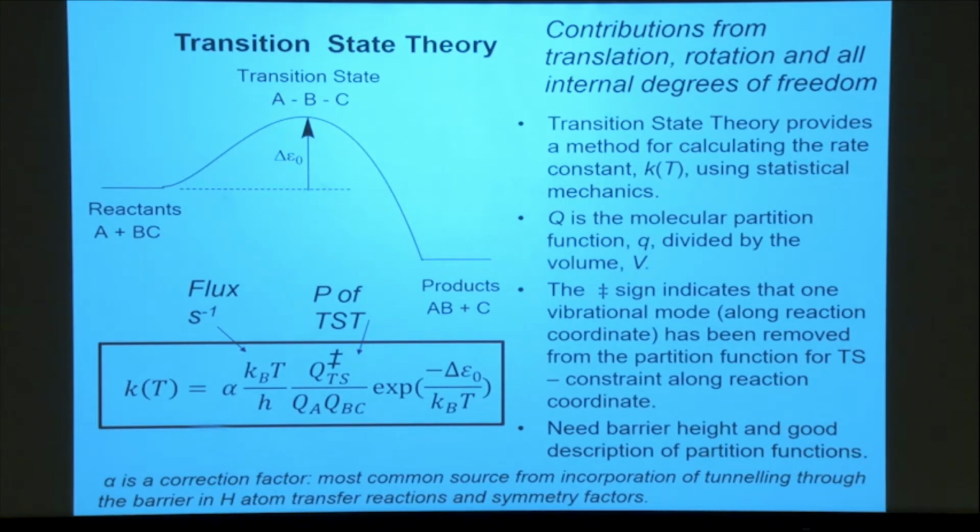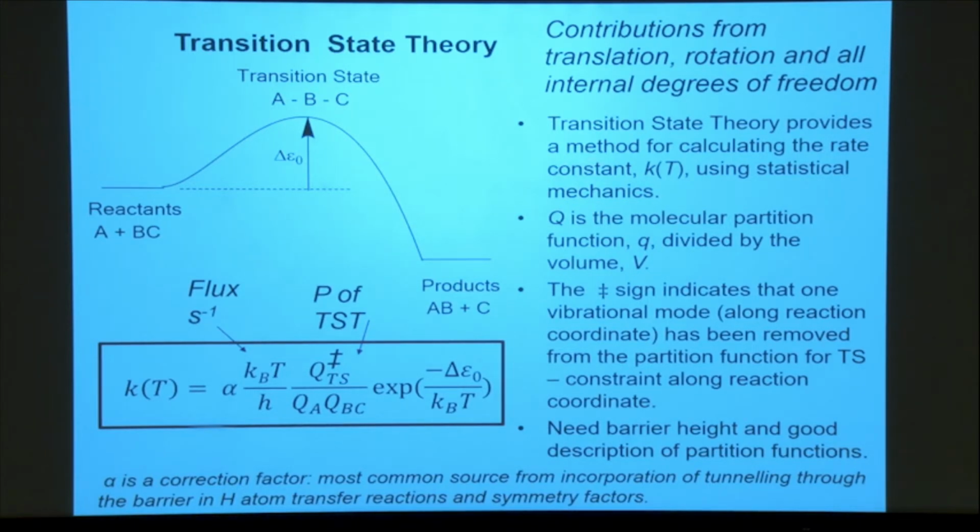So this is a schematic of a reaction between reactants A plus BC. We're forming the activated complex at the transition state, and then we've got a flux going over to products AB plus C. We're going to have contributions from all the internal degrees of freedom, including translation, rotation, and oscillations, for example.